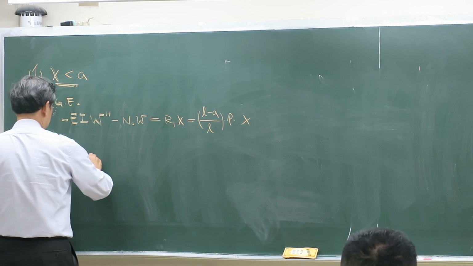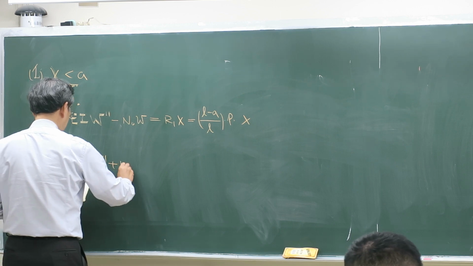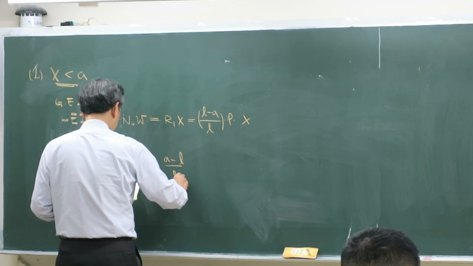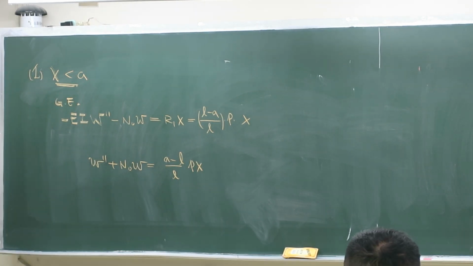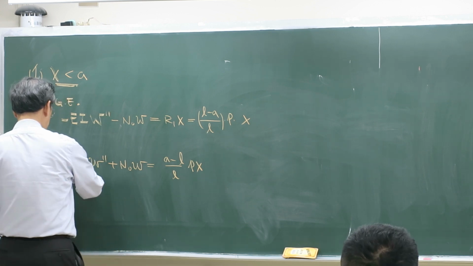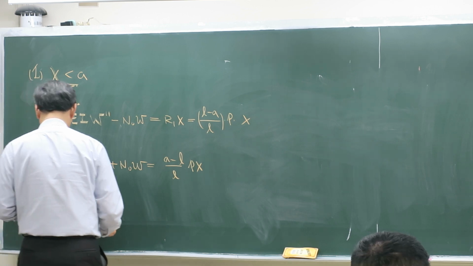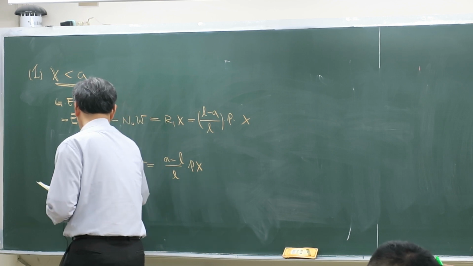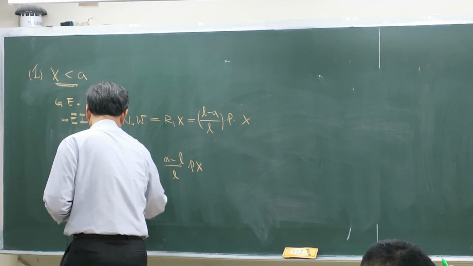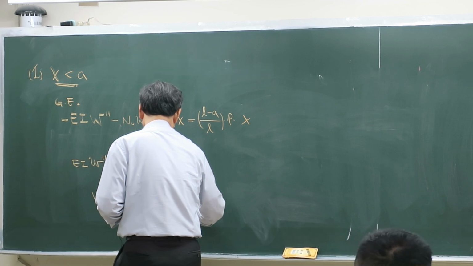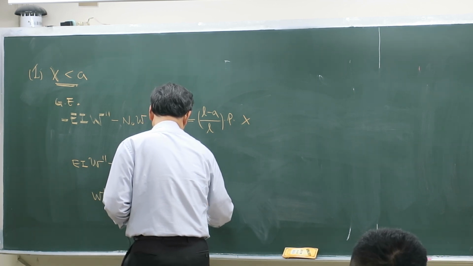Or I transform to W double prime plus N0 W equal to (A minus L) over L times P x, and divide by EI, we have W double prime plus N0 over EI W equal to (A minus L) over L times P x over EI.